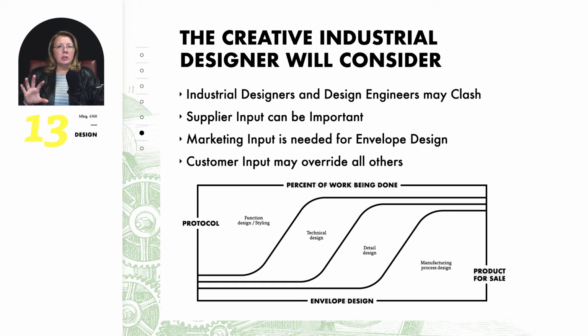And so there can be friction there, because what the industrial designer is putting out, and he's working more on this end of the process, is not necessarily going to mesh with the vision of the design engineer. So there has to be a dovetailing at some point of the different considerations and opinions of those people along the way.